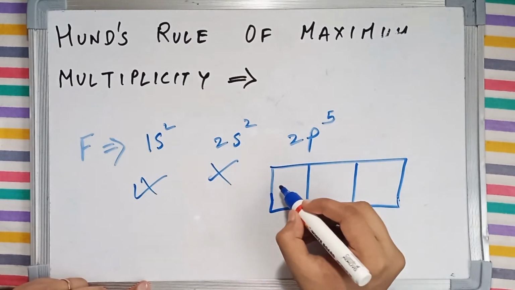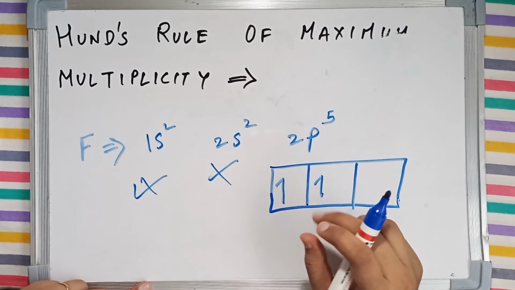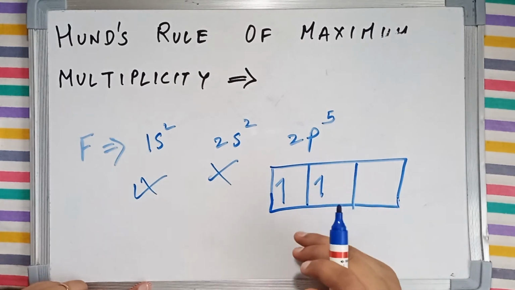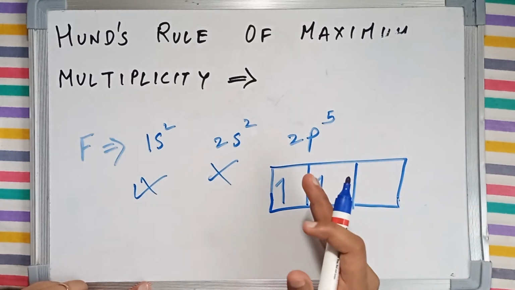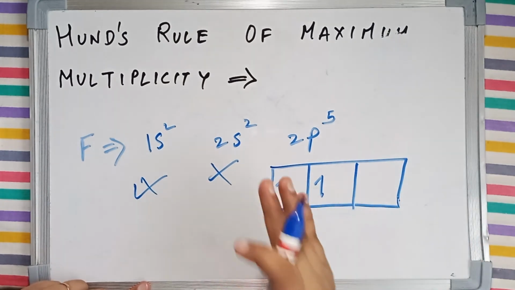Again we are going to fill it like this. Always remember that the filling of electrons occurs in such a way that each orbital has 1 electron in the starting phase.